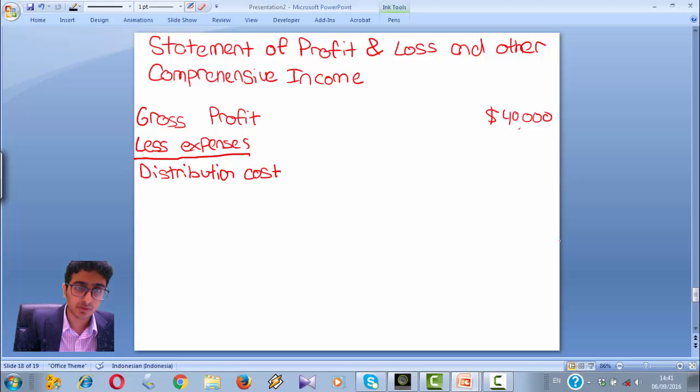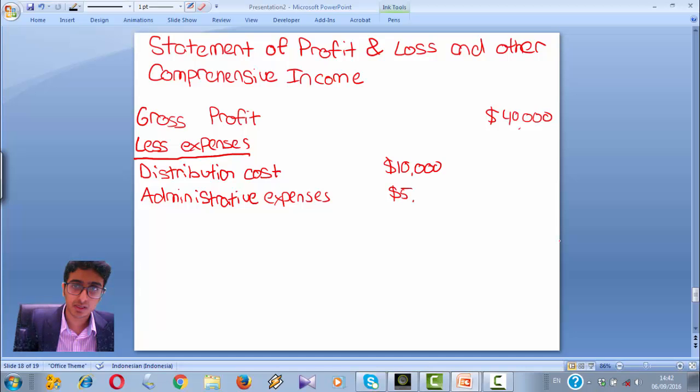I will have administrative expenses. Okay. Say distribution cost is $10,000, $5,000. Yes. Now I will have something called other expenses. Okay, and in this other expenses, let me just write it as impairment loss.